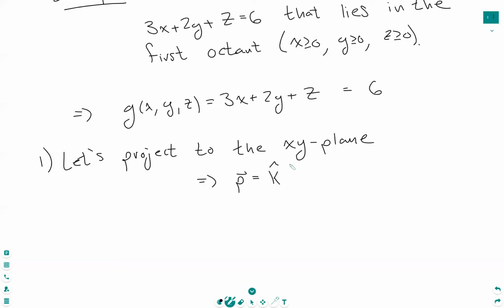Because we're projecting to the xy plane, our projection is going in the z direction. So we choose k hat for p.